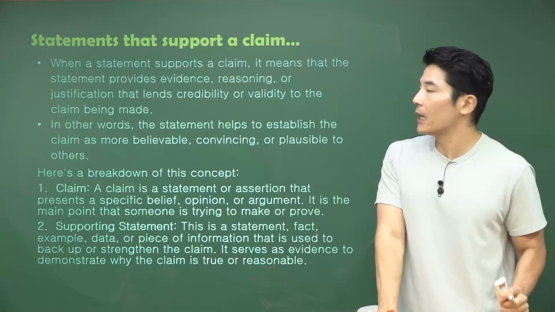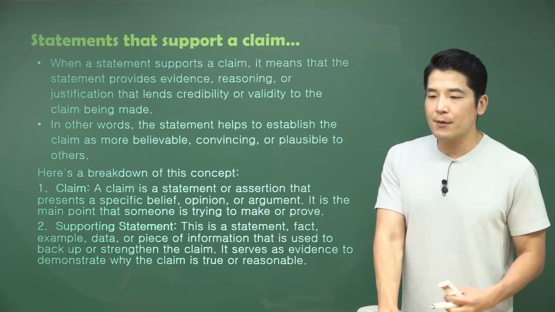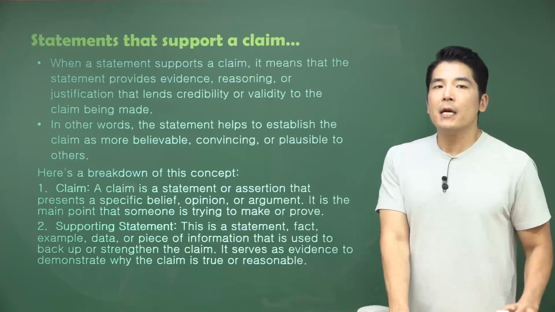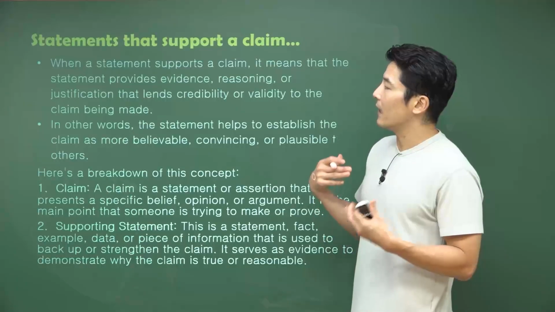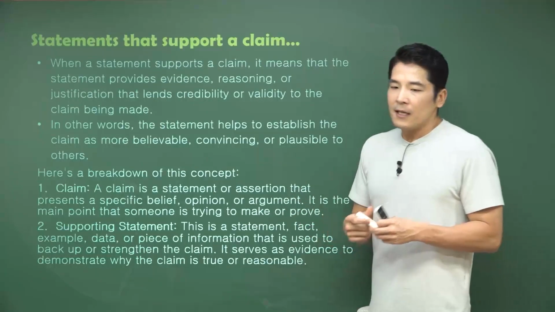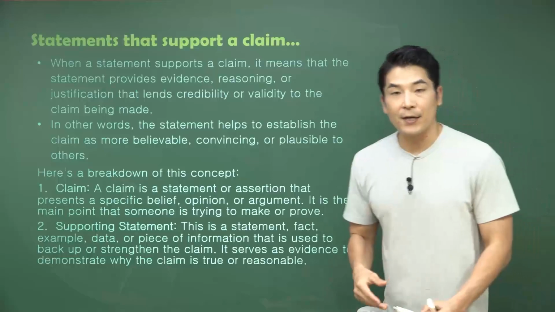Now, what about the other ones? I won't take as much time doing this because we have a lot of practice questions that relate to this, but I'll give you some information that can help your understanding.